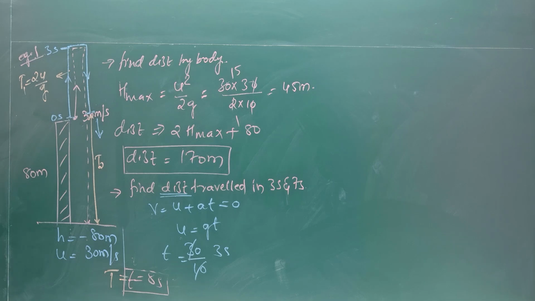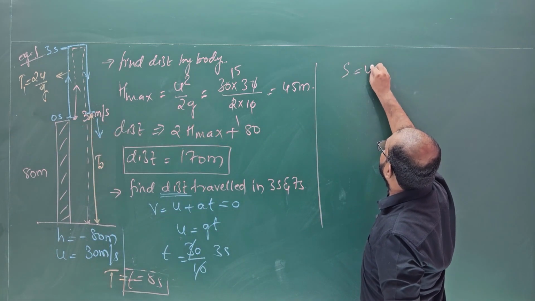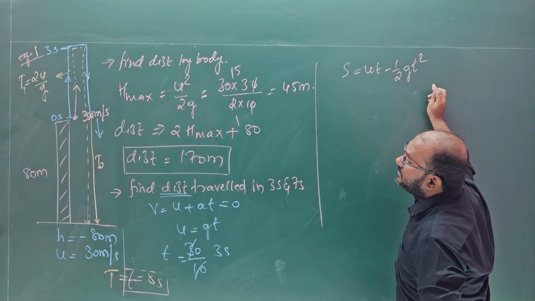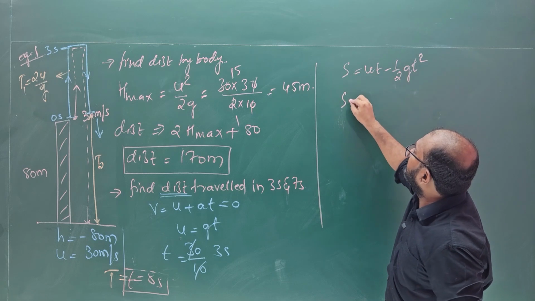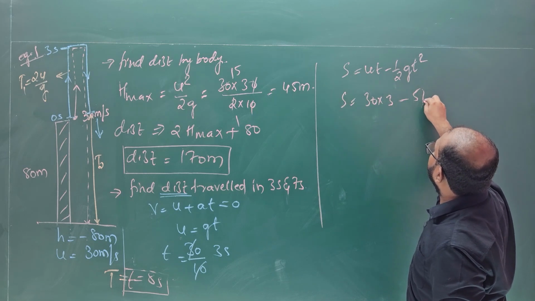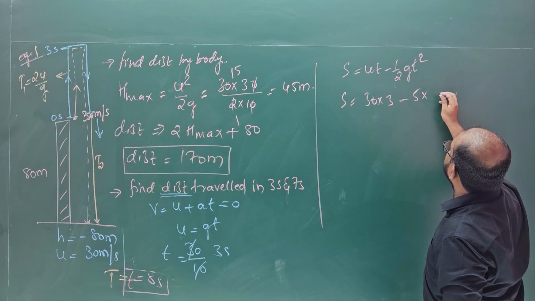Both are equal. If both are equal, then what should I apply over there? Then s is equal to ut minus, can I write directly, half gt square. Time is given as 3 seconds. So s is equal to u, which is 30, time is 3, minus 5t square, that is 5 into 3 square, 9.